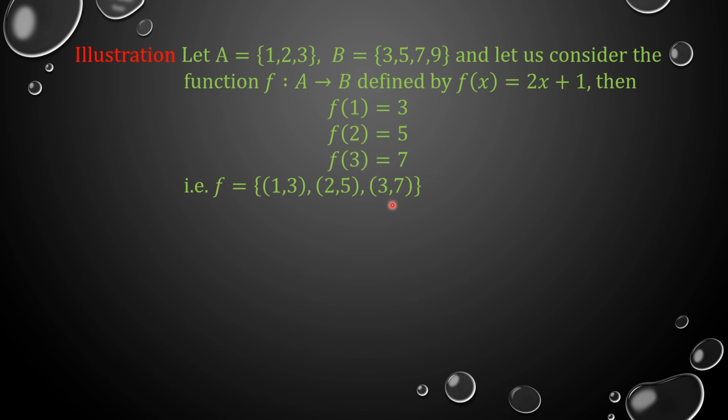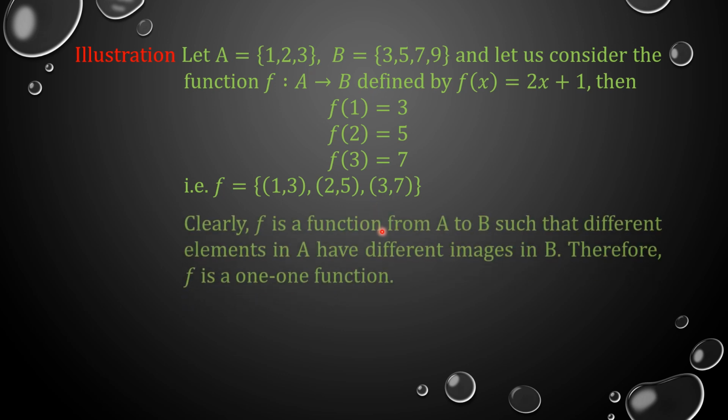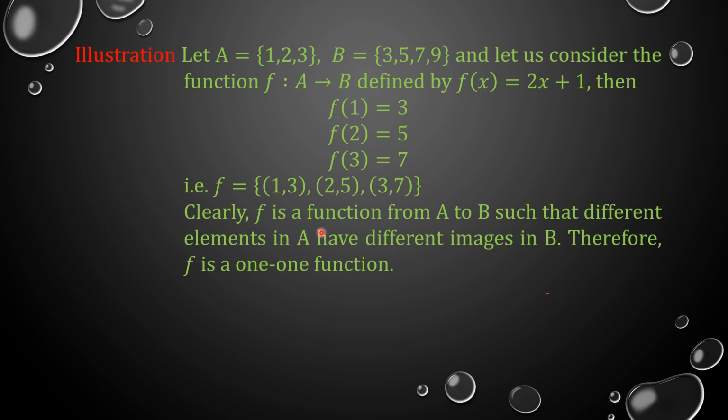Different elements, different images. Clearly, f is a function from A to B such that different elements of A have different images in B. Therefore f is a one-one function.